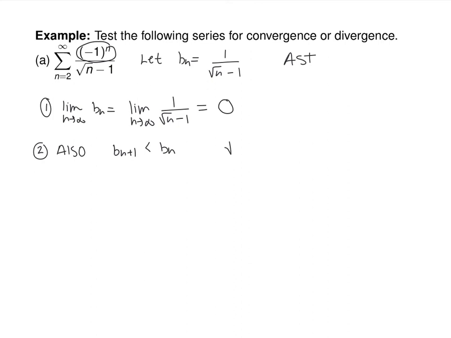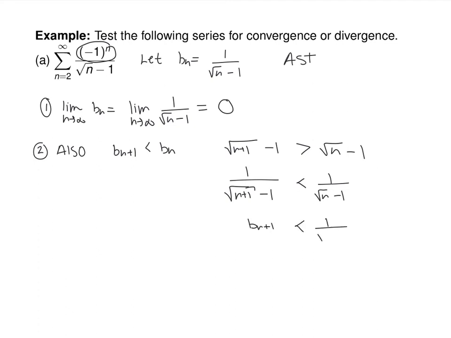So you notice that root n plus 1 minus 1 is bigger than root n minus 1. But when you reciprocate, 1 over root n plus 1 minus 1 is less than 1 over root n minus 1. And that's the n plus first term is less than the nth term.